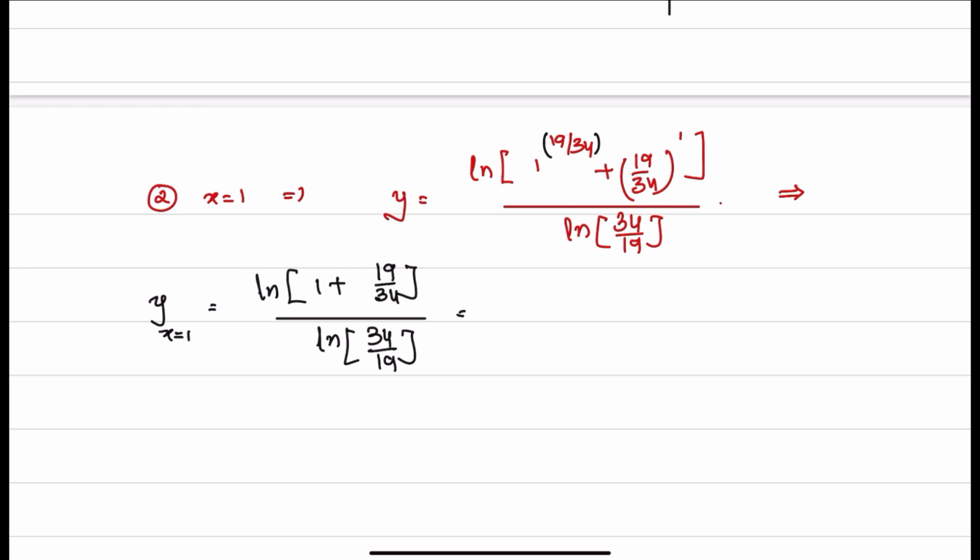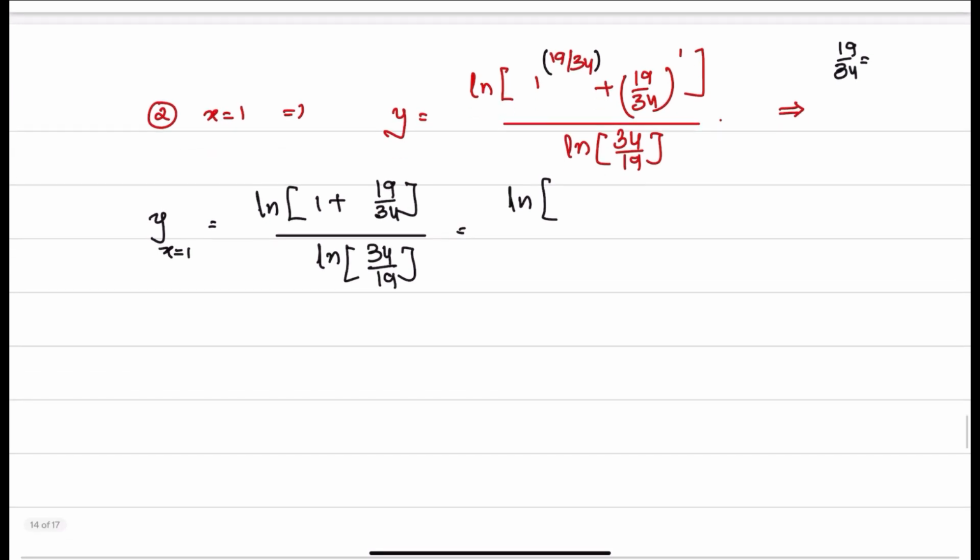That is equal to ln. What is the value of 19 by 34? Approximately, because we are not supposed to use calculators, let us do it orally.